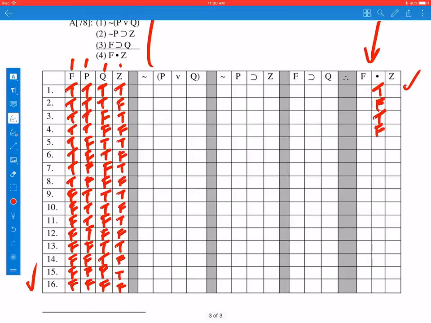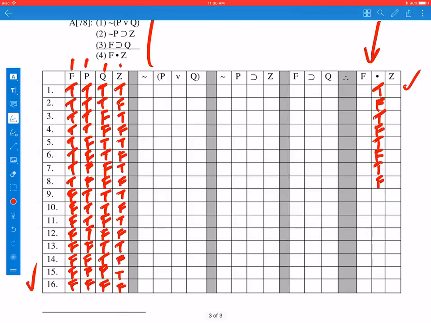Line 5, f is true and z is true, so the whole thing is true. 6, f is true, z is false, so the whole thing is false. 7, f is true and z is true, so the whole thing is true. 8, f is true and z is false, so the whole thing is false.